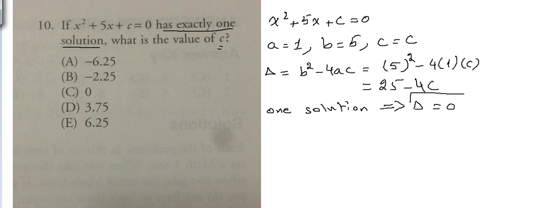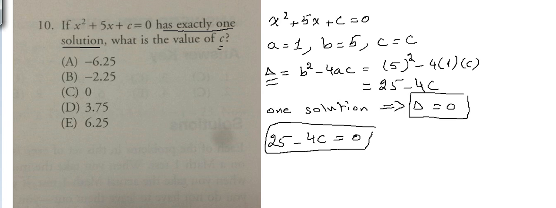So my delta here should be 0, and delta we found as 25 minus 4c should be equal to 0. This means minus 4c equals negative 25, taking the 25 to the other side, or we can subtract 25 from both sides, it gives the same result.